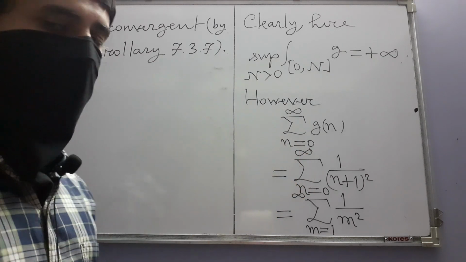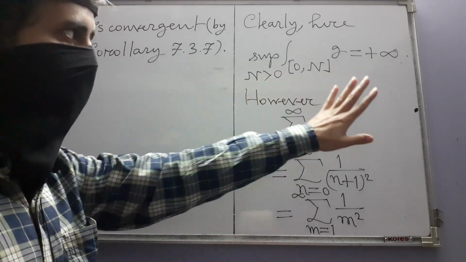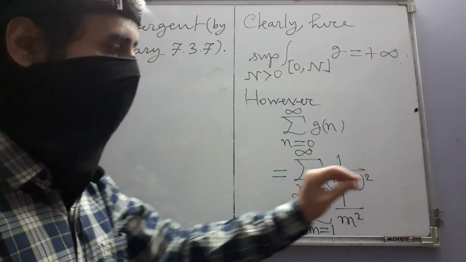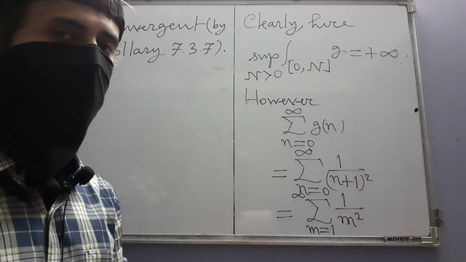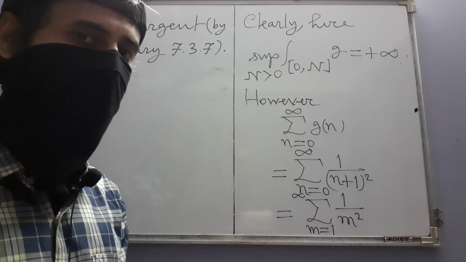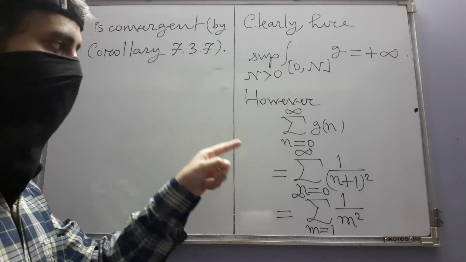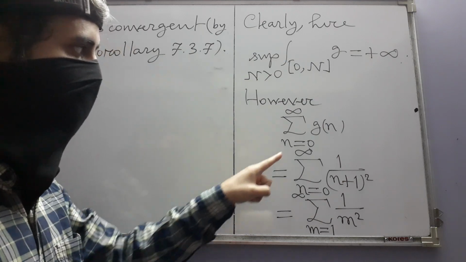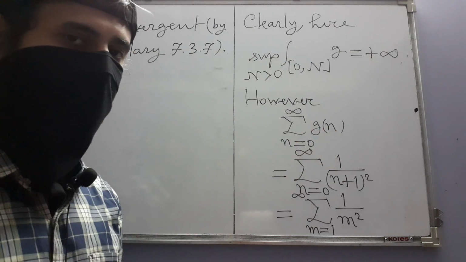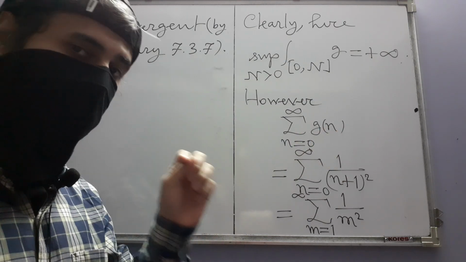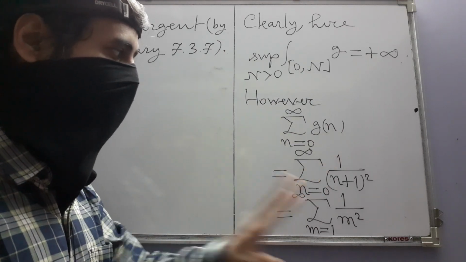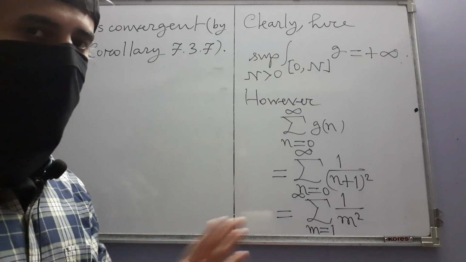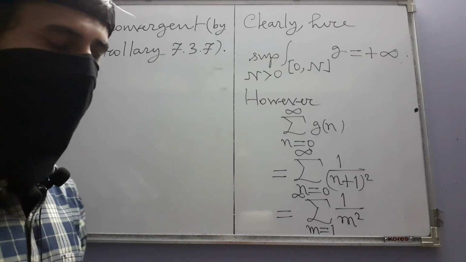So this is the other case in which the supremum does not, I should not perhaps say does not exist, but it's not a real number, but the series is convergent. So in that way also the test can fail if our function is not decreasing. Note one more thing, that although G is not decreasing, just like f, G is also non-negative. G also, like f, does not take negative values as its outputs.